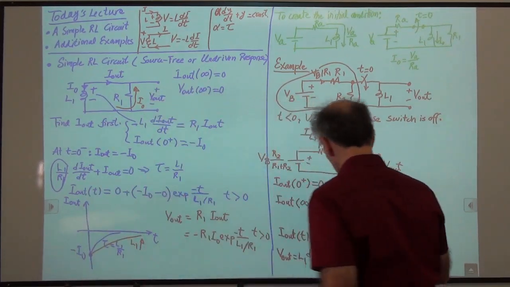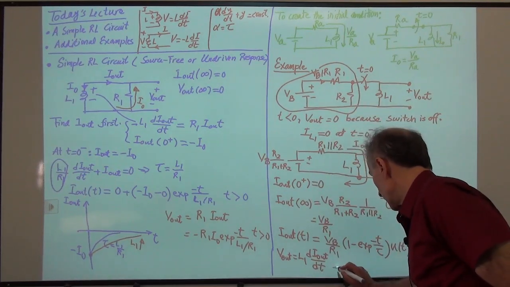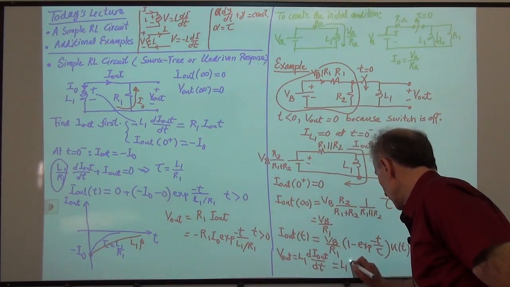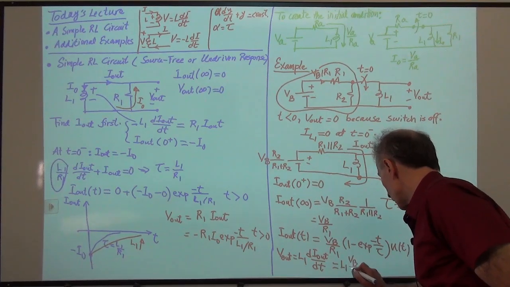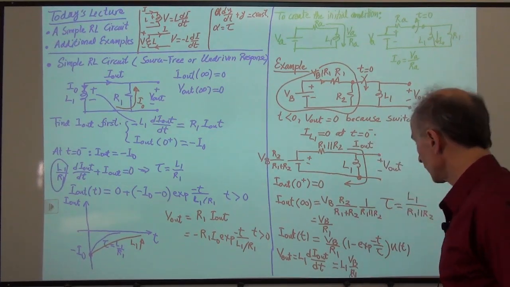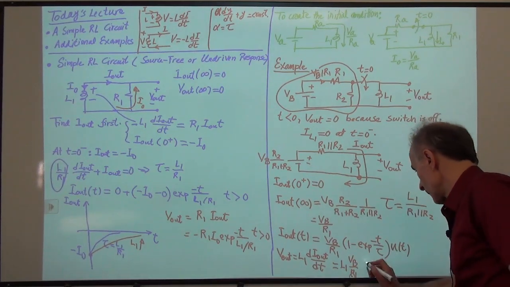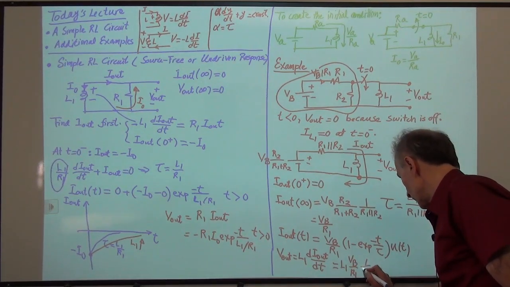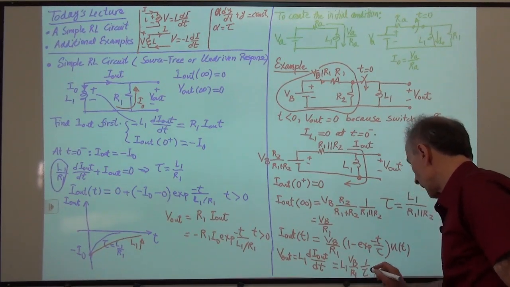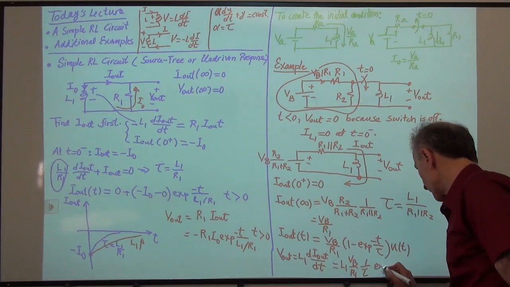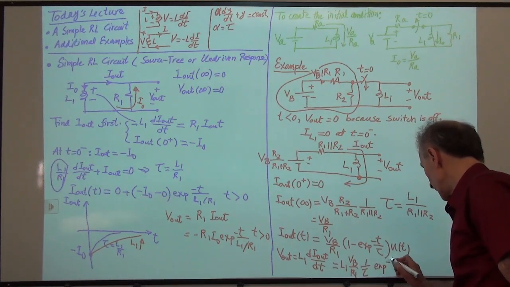So I'll just write that part here. It will be L1 VB over R1 times the derivative of this, which is minus 1 over tau times minus, so 1 over tau, and then exp of minus t over tau.